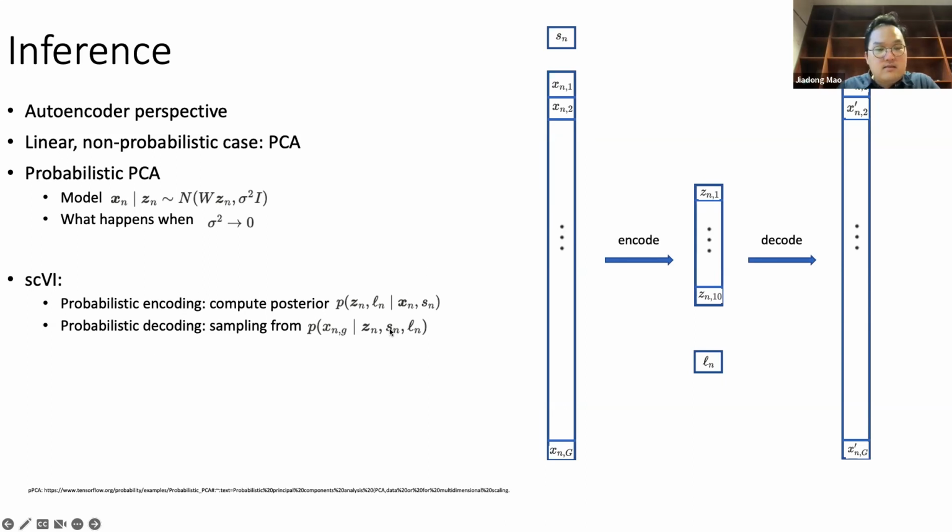After we have updated our knowledge about Zn, we can sample from it, and based on this sampled Zn, we regenerate X and G. This is the decoding part, and the decoding part is also probabilistic.